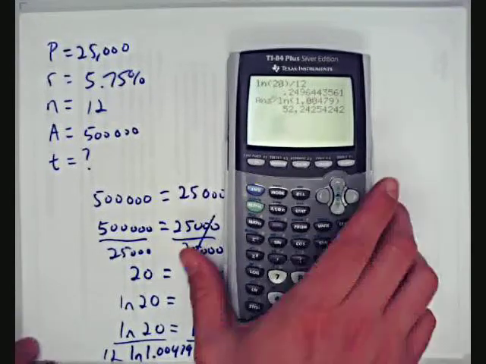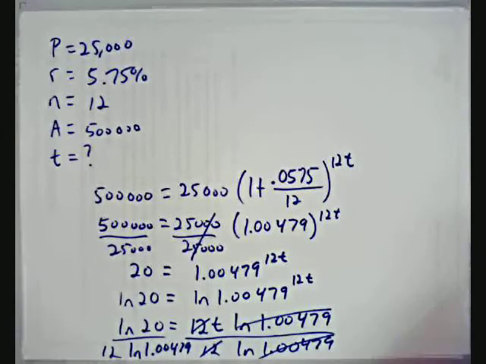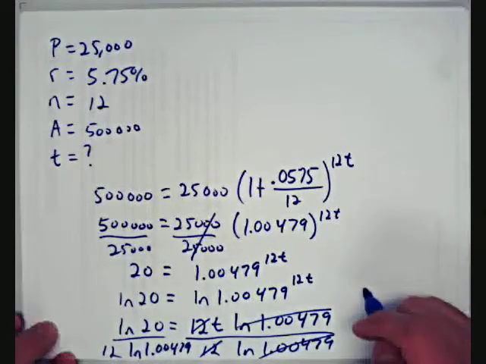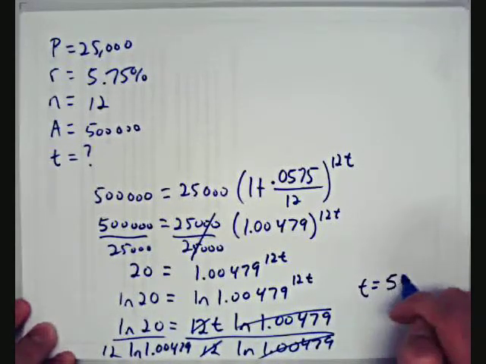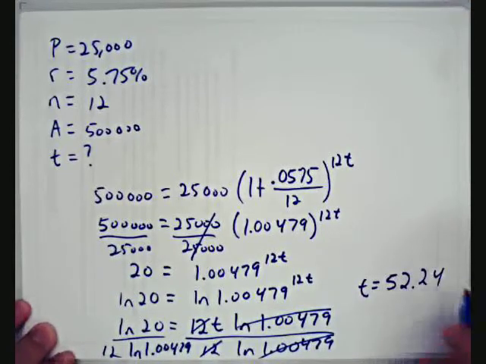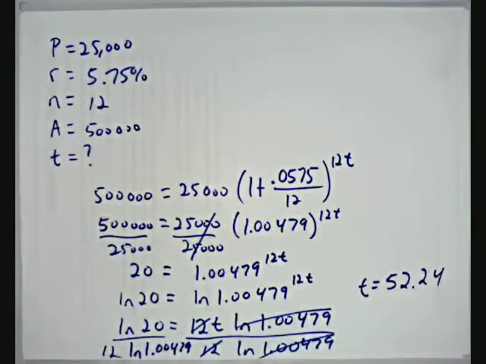And we get 52.24 years. Okay, so about 52 1/4 years it would take $25,000 to become $500,000.